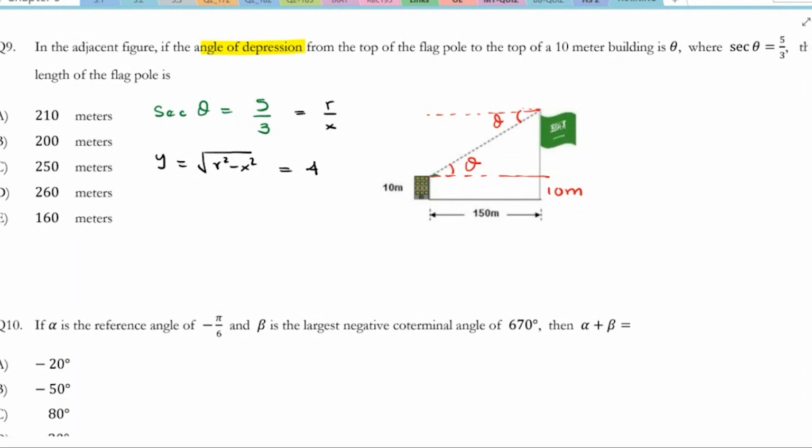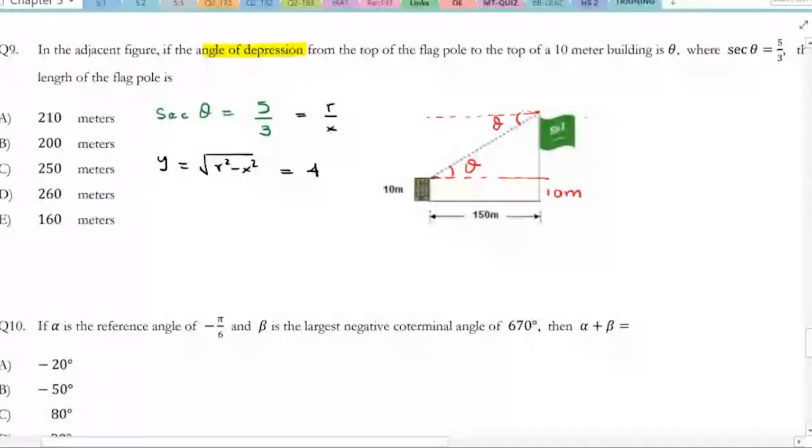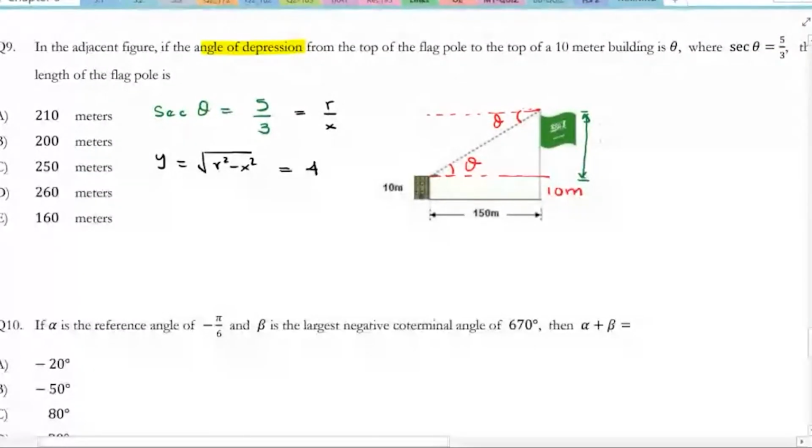So, gentlemen, let us call from here to be x, for example. Let's call this one h. So if I find the h, I can find the length of the flag. That is going to be h plus 10 meters.